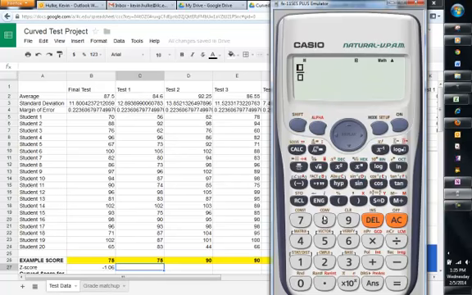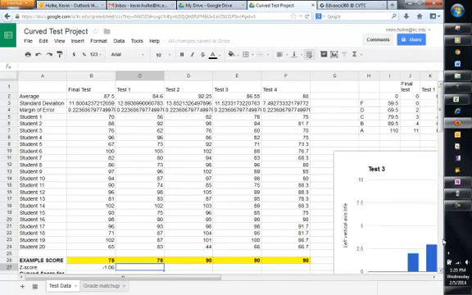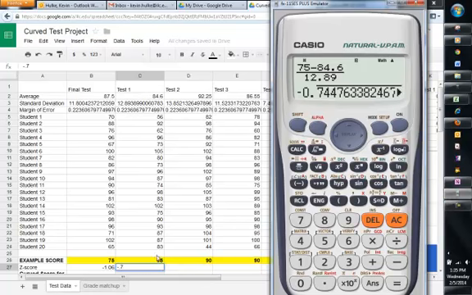Let's look at the next one, test 1. Fraction again. My score is 75 again, but the average this time is 84.6, and the standard deviation is 12.89. Now when I calculate it, I get negative 0.74.